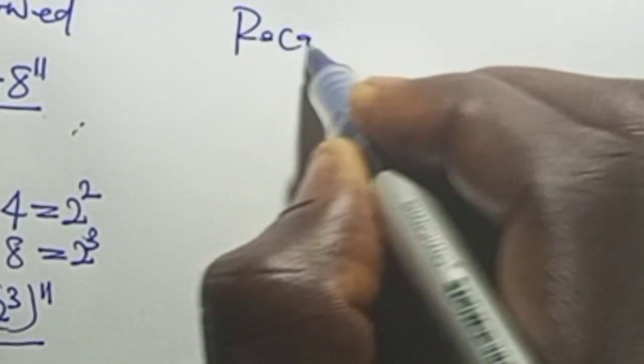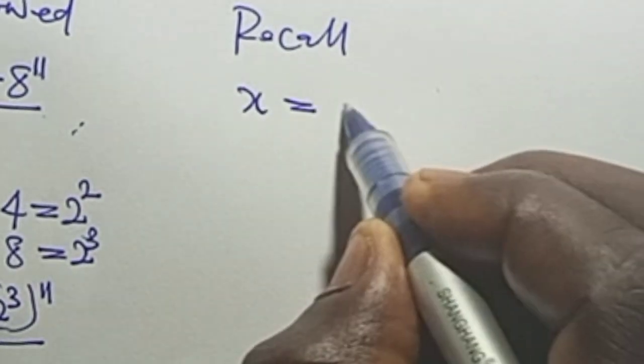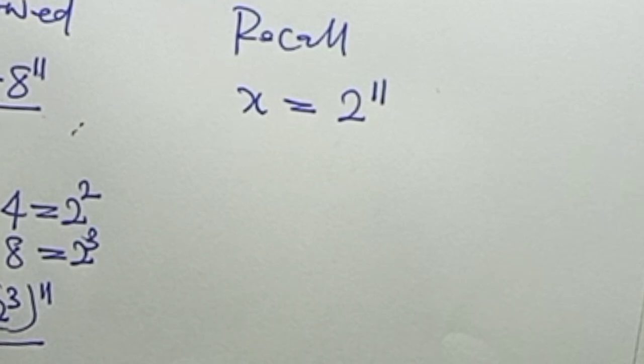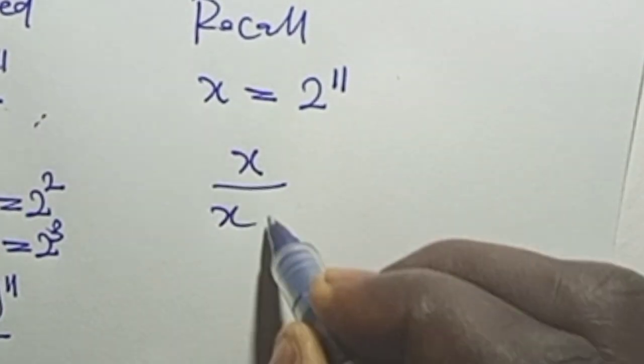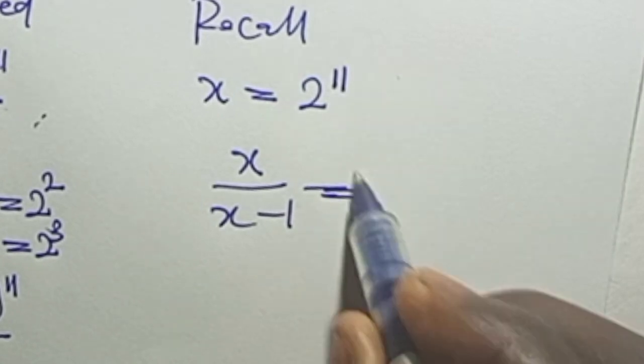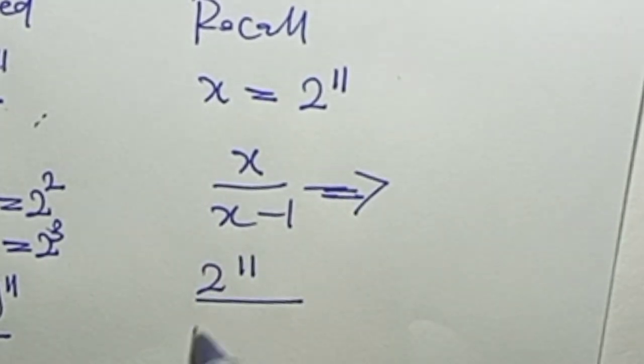But recall that s is equal to 2^11. So from s over s - 1, this will become 2^11 over 2^11 - 1.